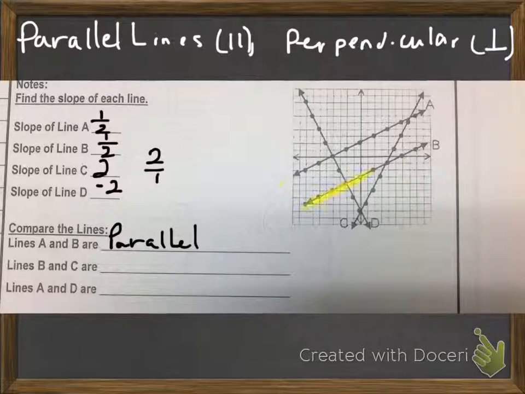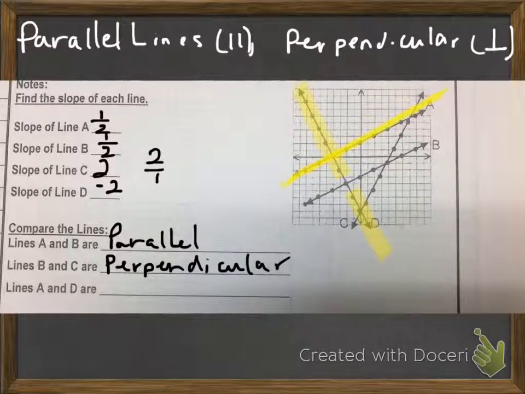So here's B, here's C. You guys say perpendicular. And then lines A and D, right there. And you also say those are perpendicular.